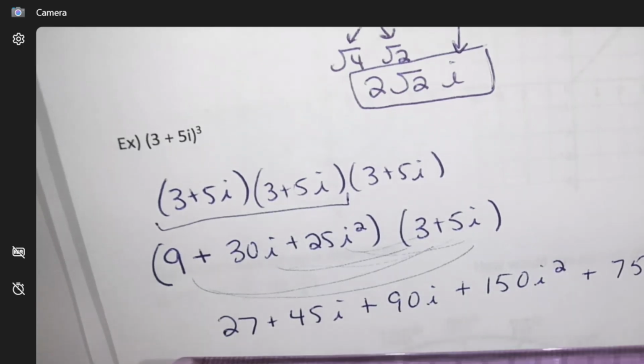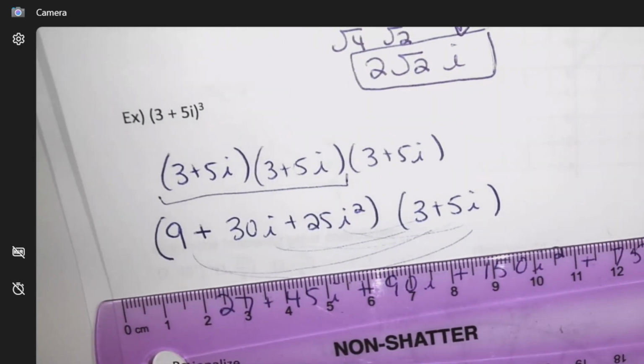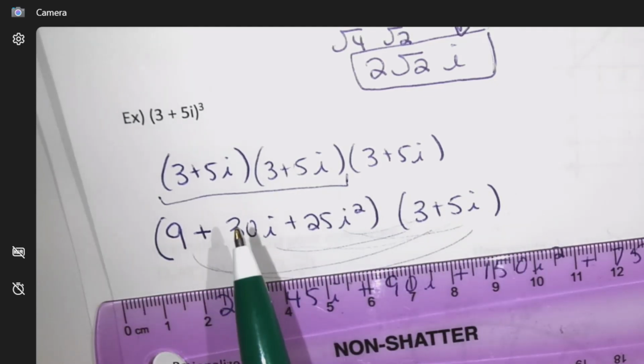Stop looking at mine. Too late. See if you can foil that on your own. The 9 times the 3, the 9 times that. Got the system down?